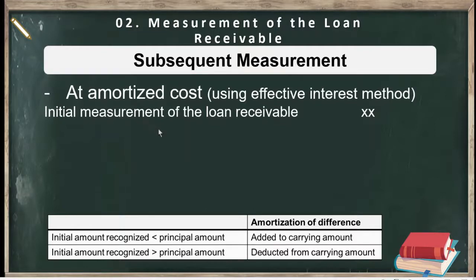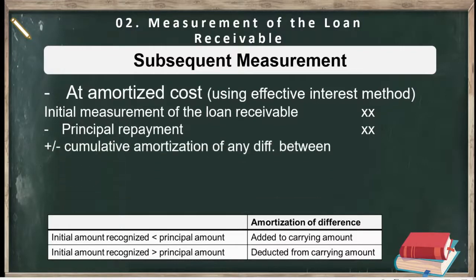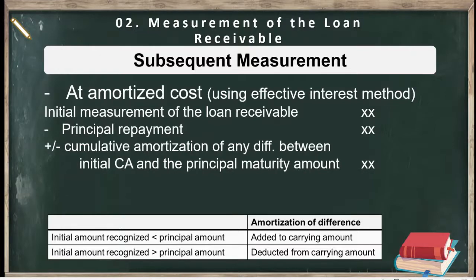Then you have minus any principal payments. So if our client or customer has paid principal, we're going to deduct that, and then add or minus any cumulative amortization of any difference between the initial carrying amount and the principal maturity amount.